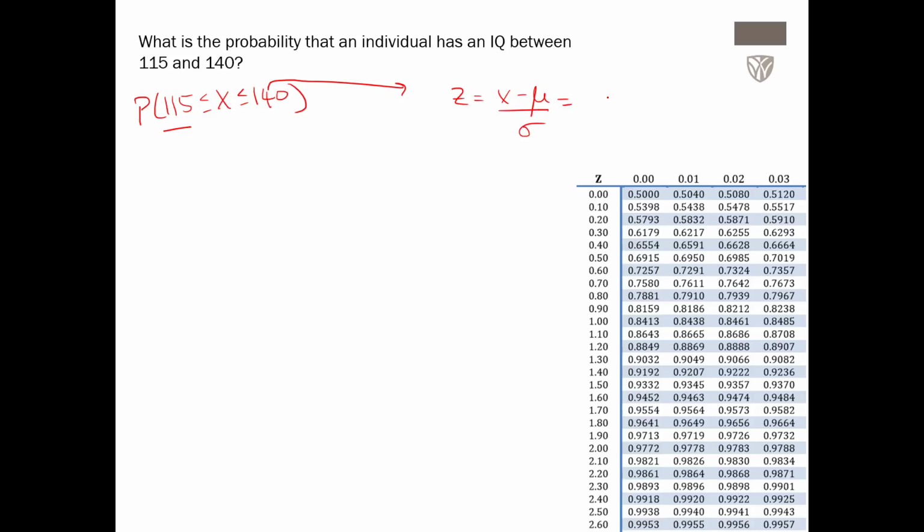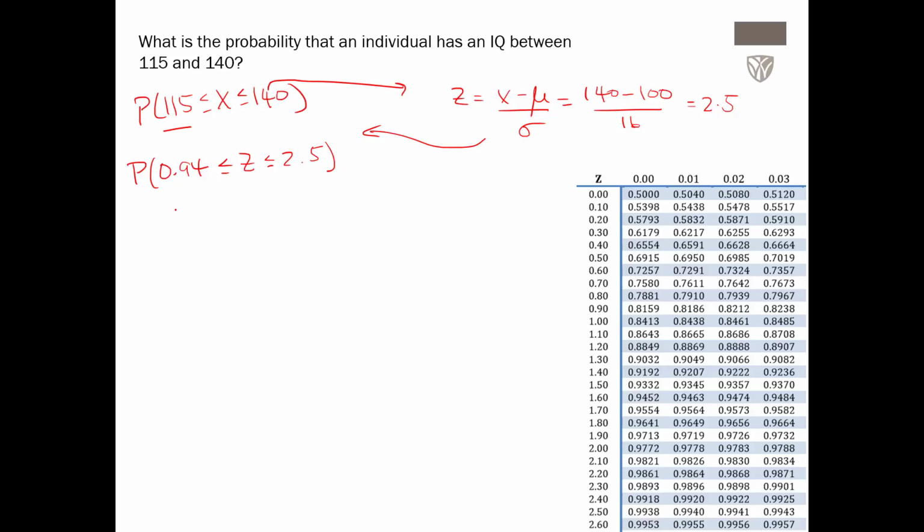So if we do this math, 140 minus 100 divided by 16, that comes out to be 2.5. So now we need to rewrite our probability statement in terms of a z, in terms of a standard normal. From the previous problem, we know that the z-score for 115 is just 0.94. We just computed the z-score for 140, that's 2.5.